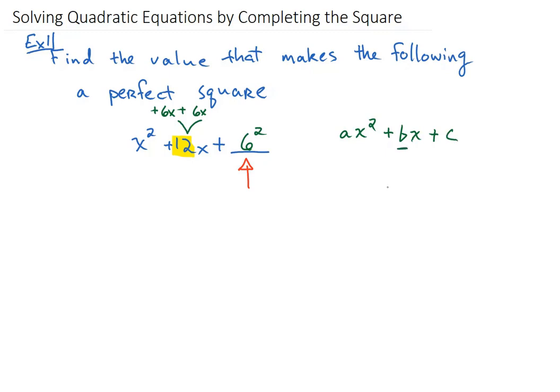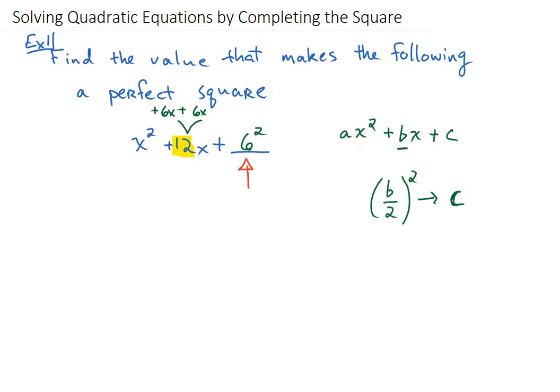So for our formula, we would take b and divide it by 2, and then we square that quantity. And then that gives us the c that we're looking for. You can do it by just thinking about breaking twins apart and squaring it, or you can divide by 2 and square. It's the same math either way.